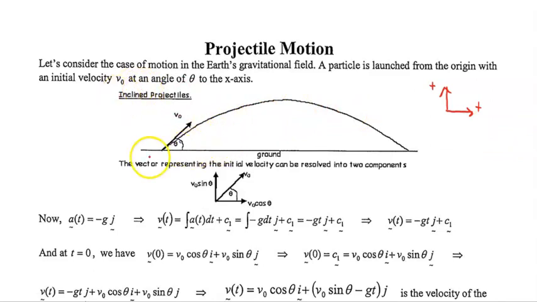Let's have a look at a projectile launched at some angle to the ground with some initial speed v0. We can analyze this as a two-dimensional problem because the direction into and out of the plane is not relevant here. We're only interested in motion to the right and motion up or down, as the projectile rises and as it falls.